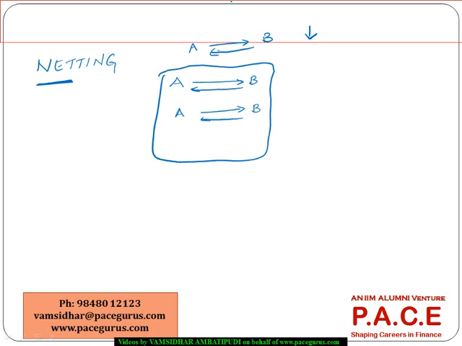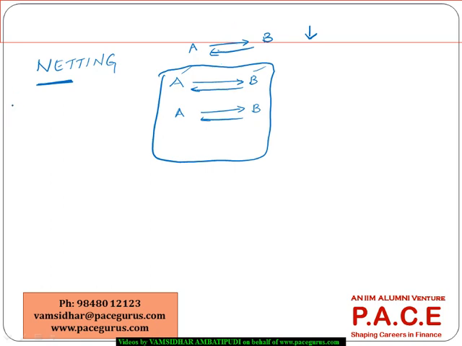So by doing the netting, we are benefiting both the parties, because overall we are reducing the exposure to risk to any one of the parties. That way the overall counterparty risk is reduced.